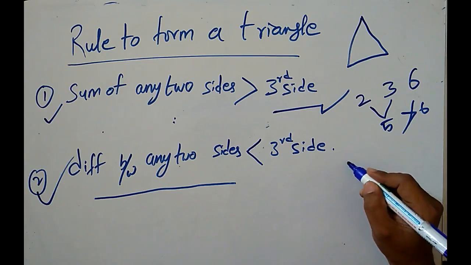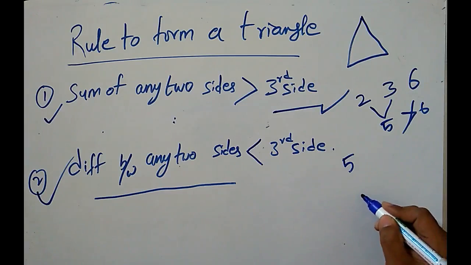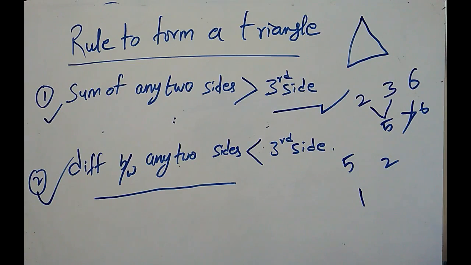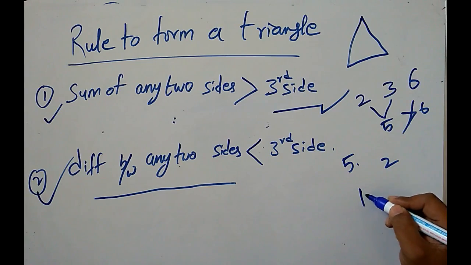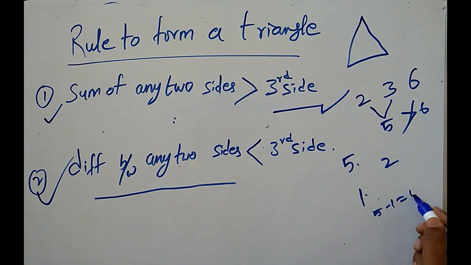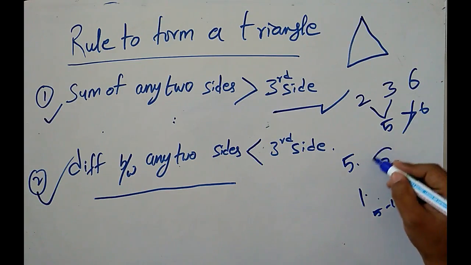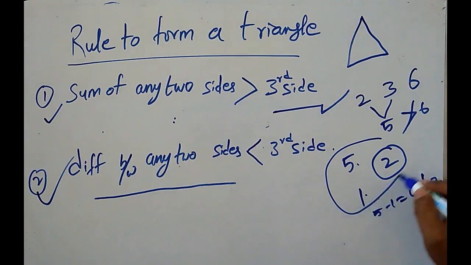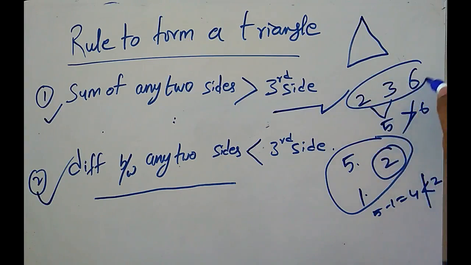If you take 5, 1, 2: 5 minus 1 is 4. This is not less than the third side, that is 2. No. So these 5, 2, 1 and 2, 3, 6 don't form a triangle.